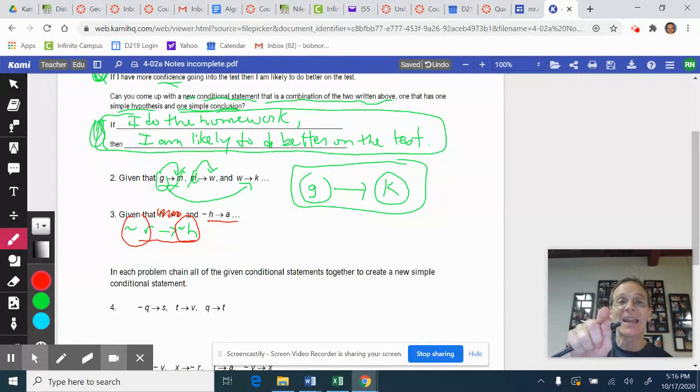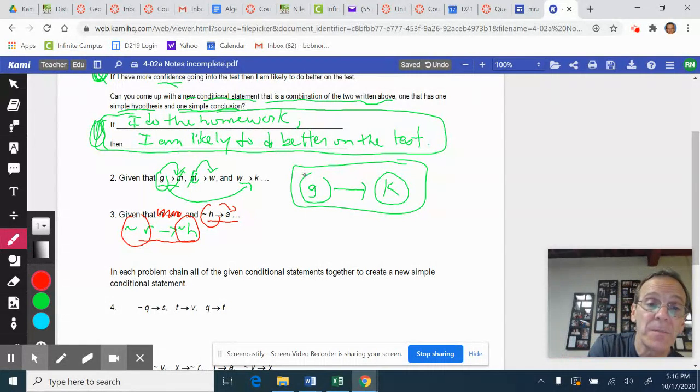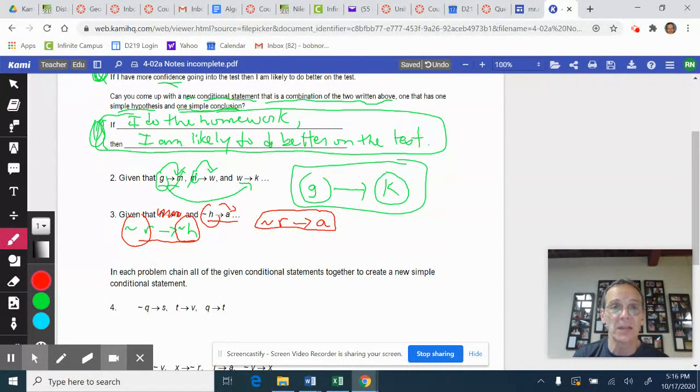Not R leads to not H, and not H leads to A. So tipping the not R knocks over the not H, and the not H knocks over the A. And so ultimately, tipping the not R leads to knocking over the A. Not R implies A. This is a combination of both of the original statements. Okay, and granted, I had to rewrite one of the original statements, but this is exactly the same information as the original statement.